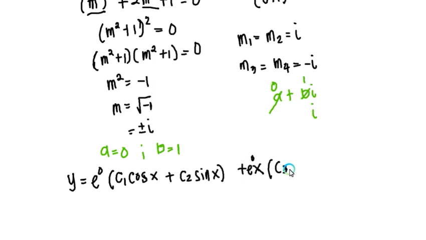So, we have C3 x cosine x plus your C4 x cosine x. Oops, sine gali, sine.